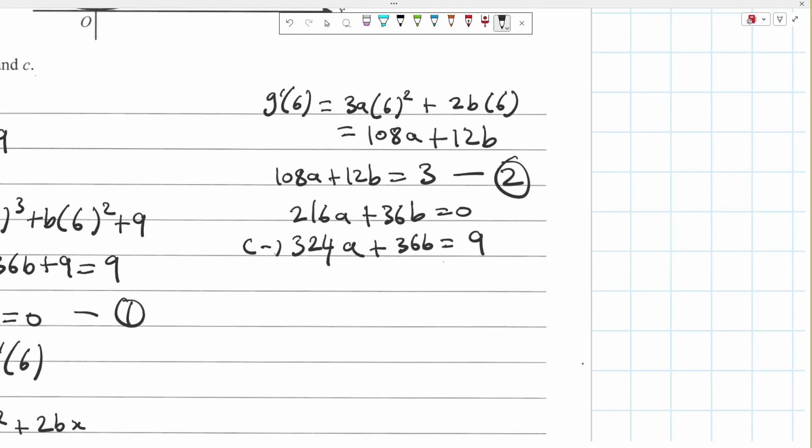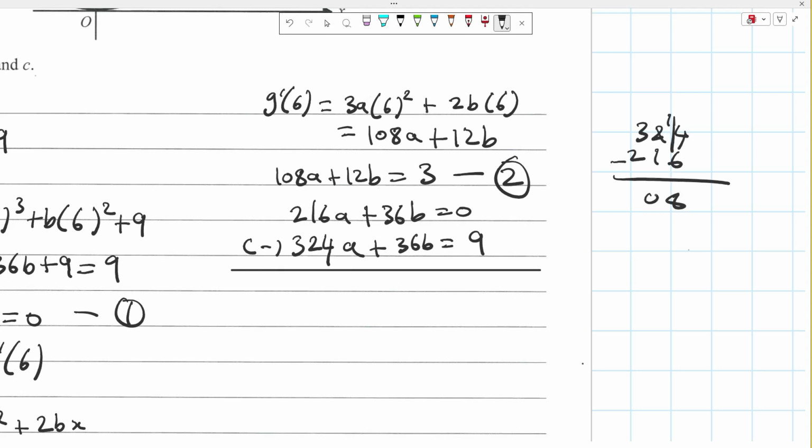And now if we minus this, right, we take the top one minus the bottom one, we get 216 minus 324. So let's quickly do that. That's going to be negative 108.